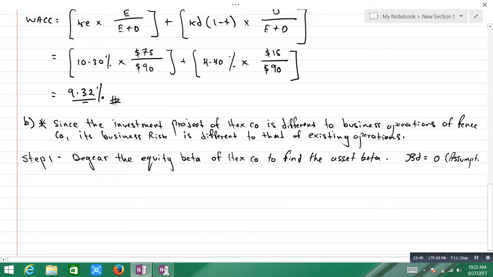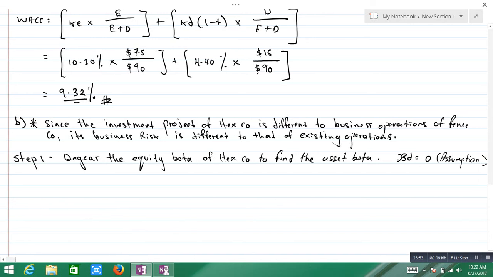E plus D(1 minus the tax). Therefore 1.2 times, now go back to the question. Don't forget the equity and the debt that we're going to use is for Exco. Don't forget Exco.